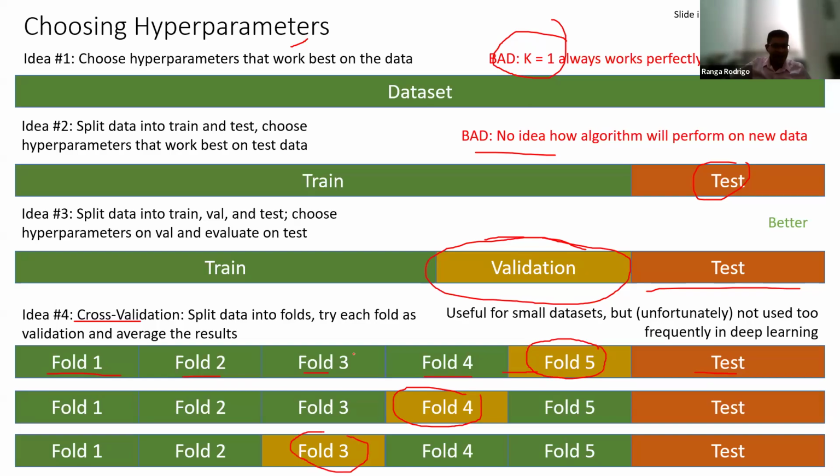So cross validation: split the data into folds, try each fold as a validation, and average the results. Useful for small data sets, but unfortunately not used too frequently in deep learning. So you can find the best hyperparameters because different folds are there.